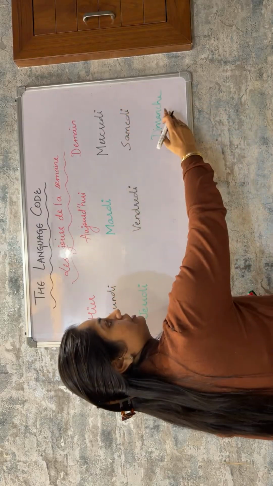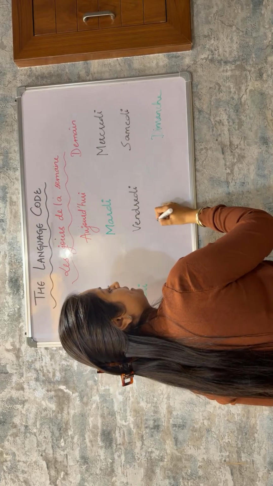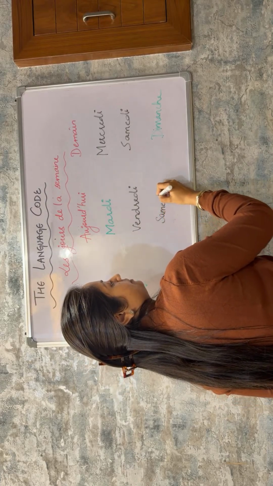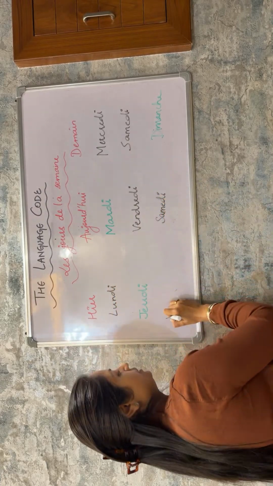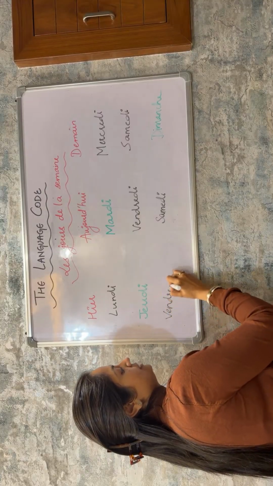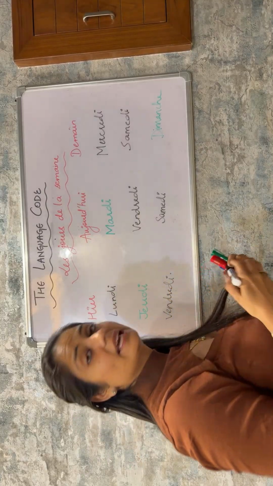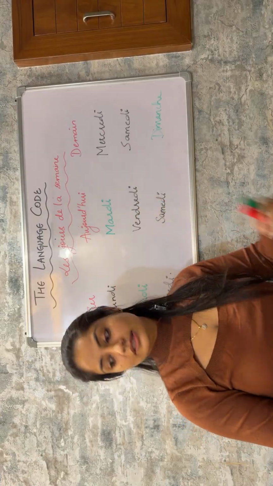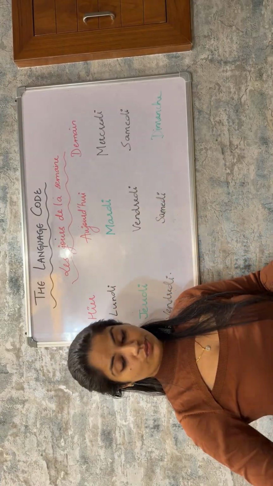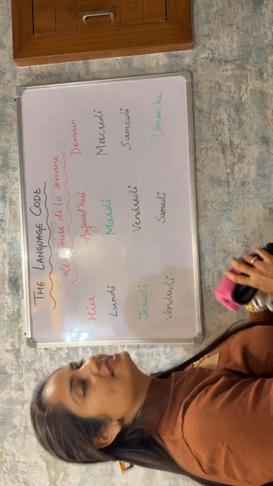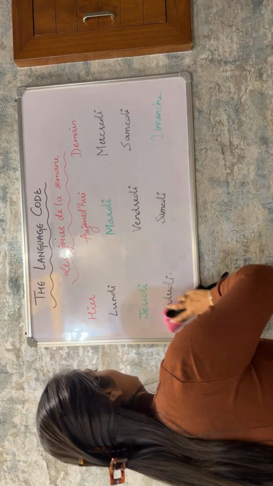Wait, dimanche. If tomorrow is dimanche, today will be samedi and before that will be vendredi. So this way you can memorize the days of the week easily by doing this set of exercises.